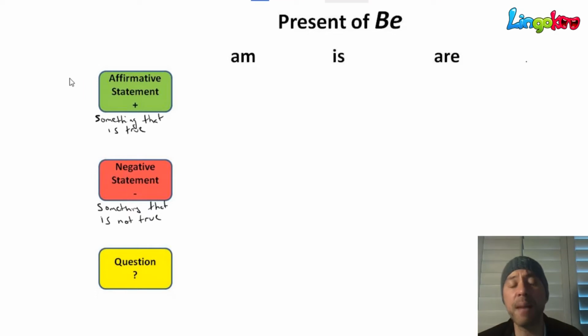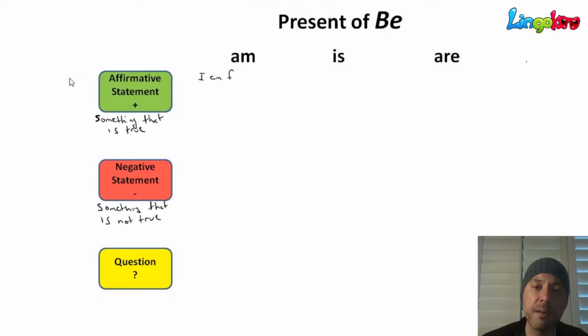So let's write some examples. For example, with am, I could say I am from China. Or I could say I am tired.